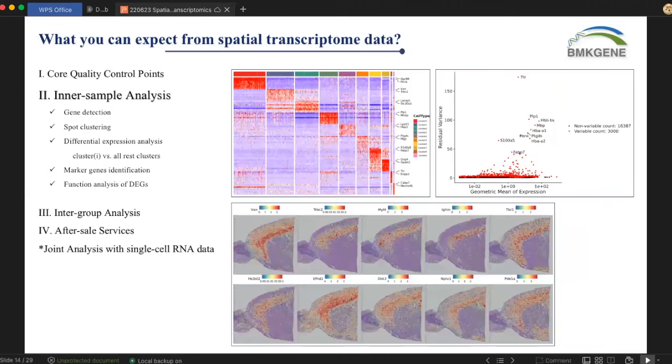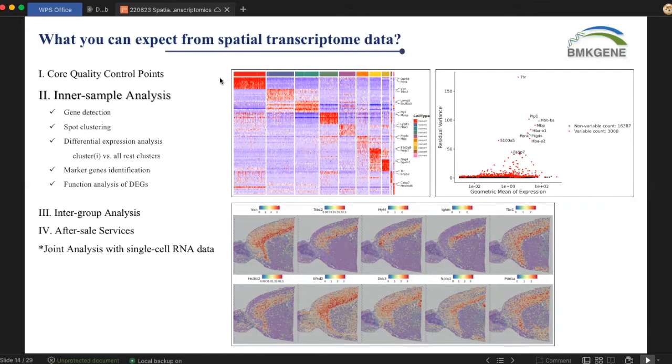Another part of the within-sample analysis is the differential expression analysis. As I mentioned, we would like to know what differs within the samples. On top of the clusters that we made in the previous step, we can identify the genes specifically highly expressed in each single cluster. In this heat map, each cluster is a column, and we have different genes in each line.